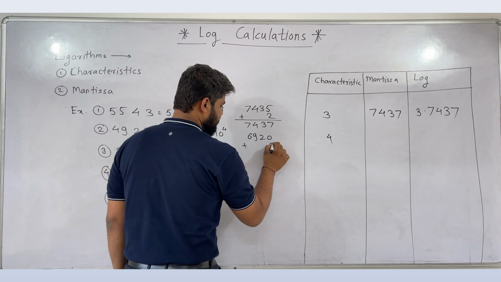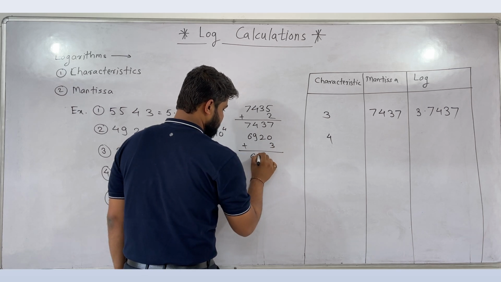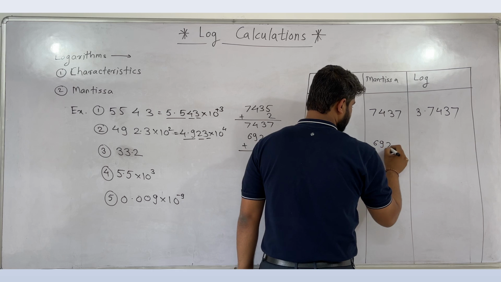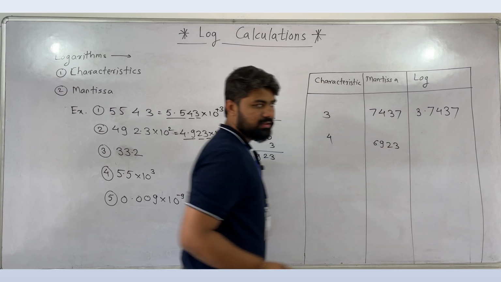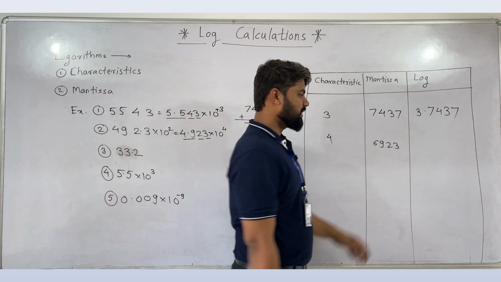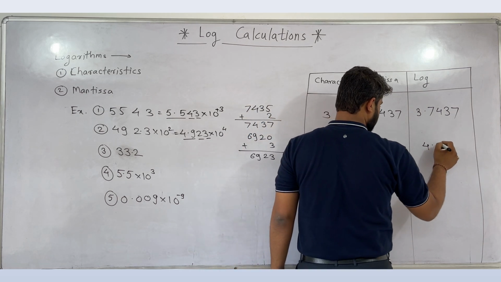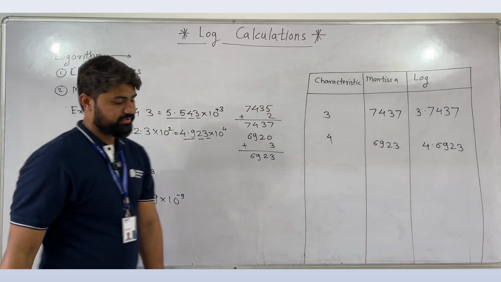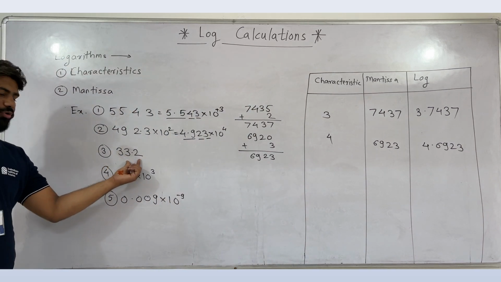So while adding 3 to it, we get 6923, which becomes its mantissa. And the overall log of this number can be written as 4.6923.